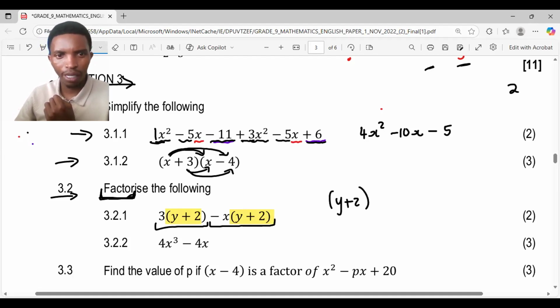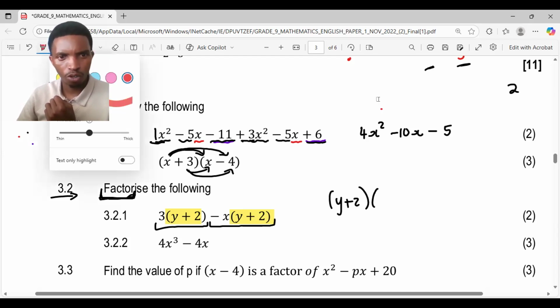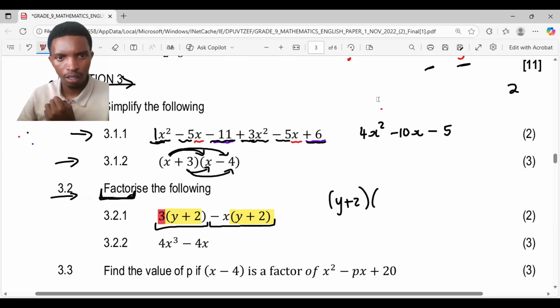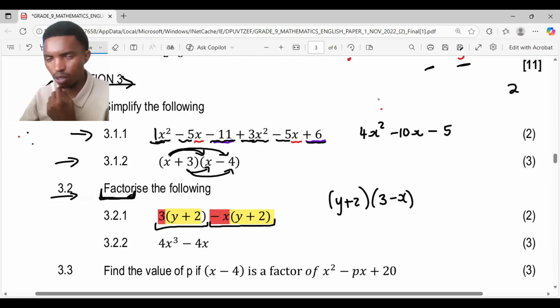So now after we took the bracket out, what is it that is not common? 3 and negative x, right? So then I'm going to write that outside. So I'm going to have 3 minus x. Those are the ones that are not common. So we're done with factorizing. We just took out what's common.